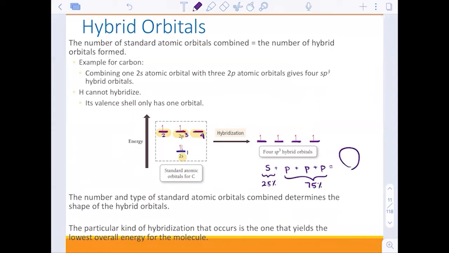So what my shape tends to look like is kind of like a p with just 1 bloated lobe. And that's because that's what made it. So we take that s orbital, which is the sphere. We took the p orbital, which is the dumbbell, and we literally put them together and make some sort of a hybridized form.